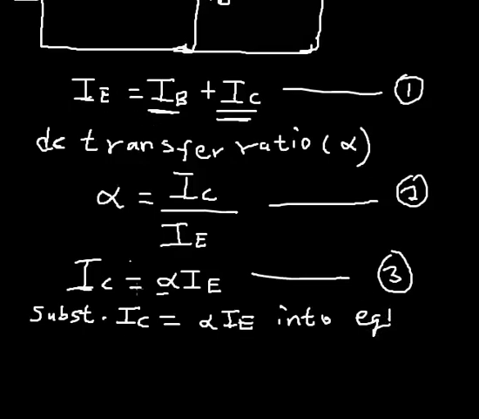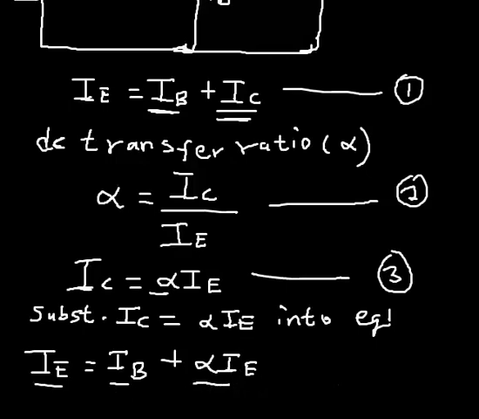So from equation 1, IE is equal to IB plus IC. Already IC is equal to alpha IE. So this is one relationship: IE is always equal to IB plus alpha IE.